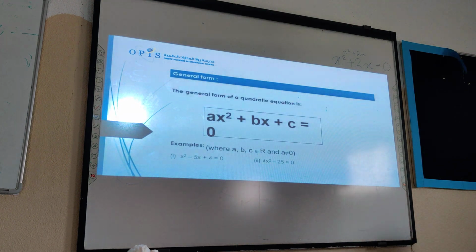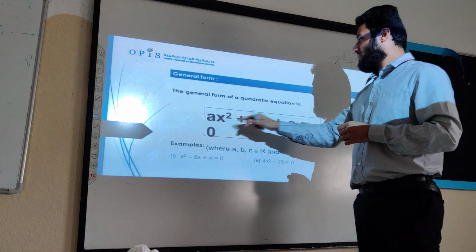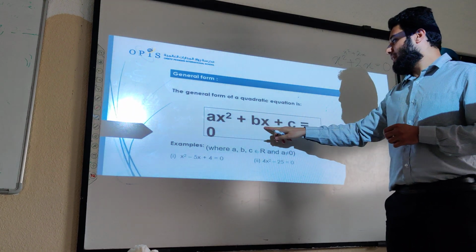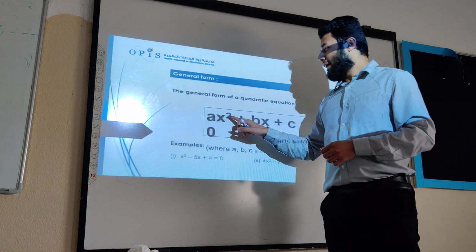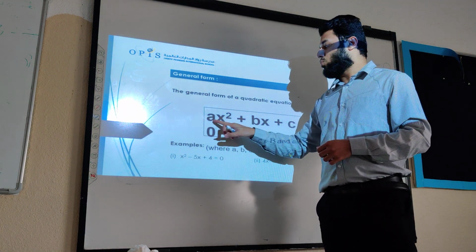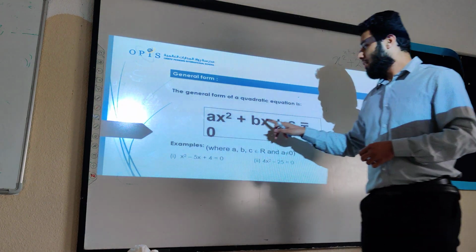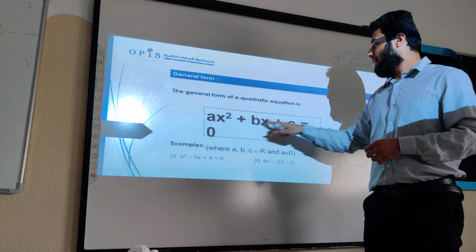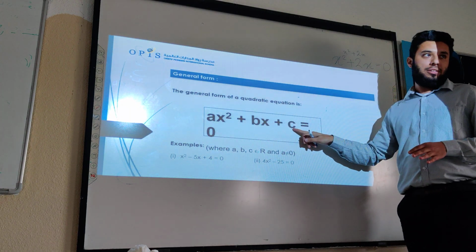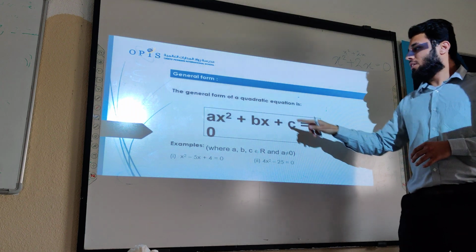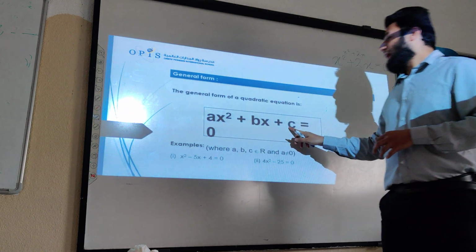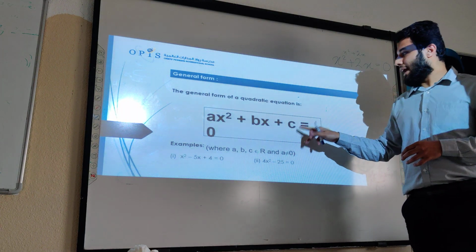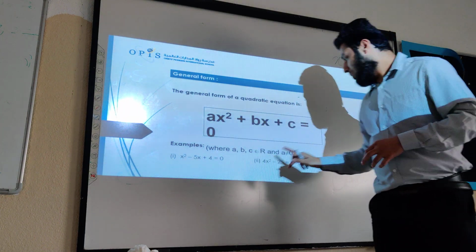So the general form of a quadratic equation is ax square plus bx plus c equals 0. The coefficient of x square is a, which is a constant. The coefficient of x is b, and this is totally constant. There is no variable here. So a, b and c are real numbers, and a is not equal to 0.